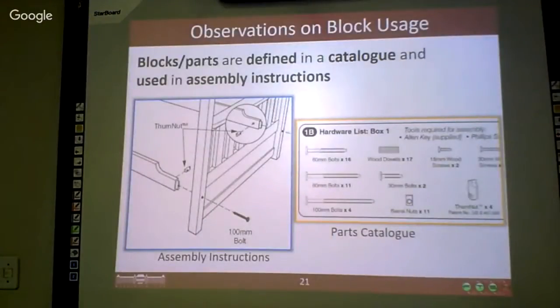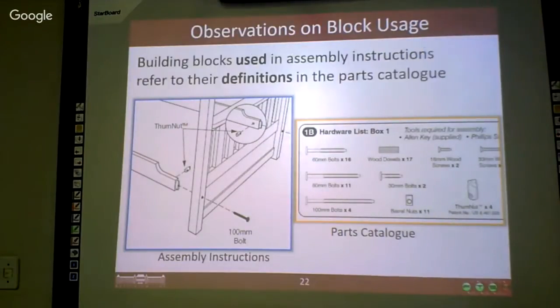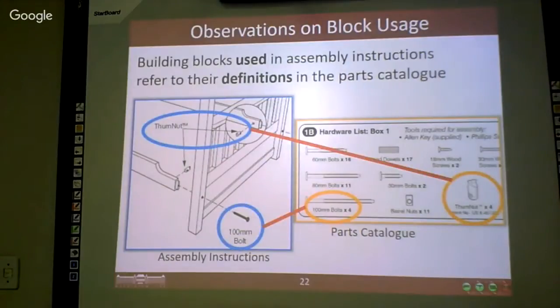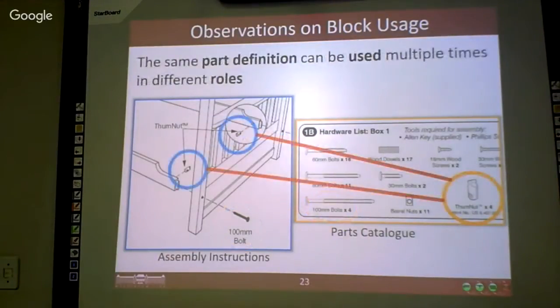What you can observe is that what you define in the parts catalog, you will use in the assembly instructions. So we have the definition here in the parts catalog, and they are used in these assembly instructions.